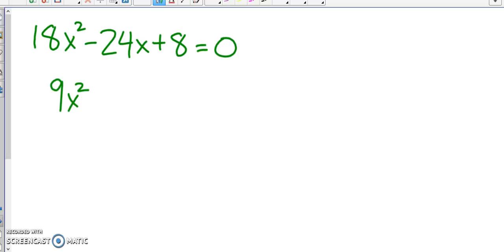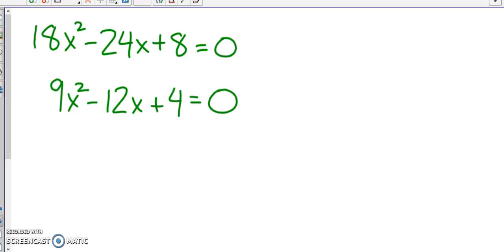It'll make the numbers smaller. So if I divide everything by 2, I get 9x squared minus 12x plus 4 equals 0. Observe this time that a is 9, b is negative 12, and c is 4.